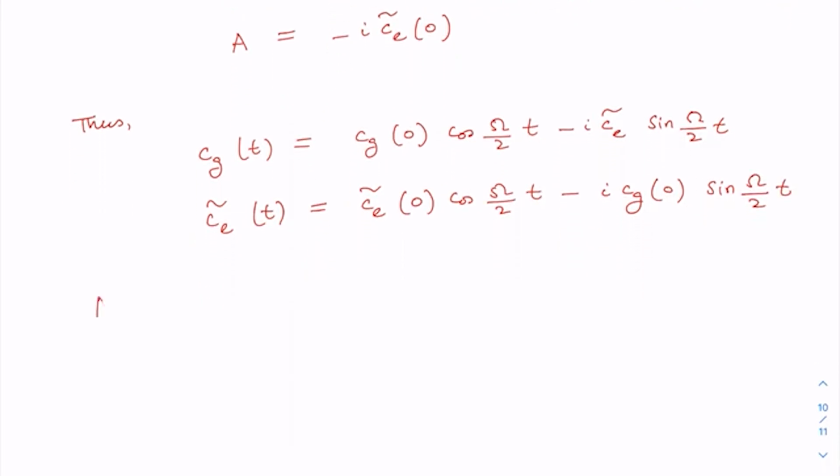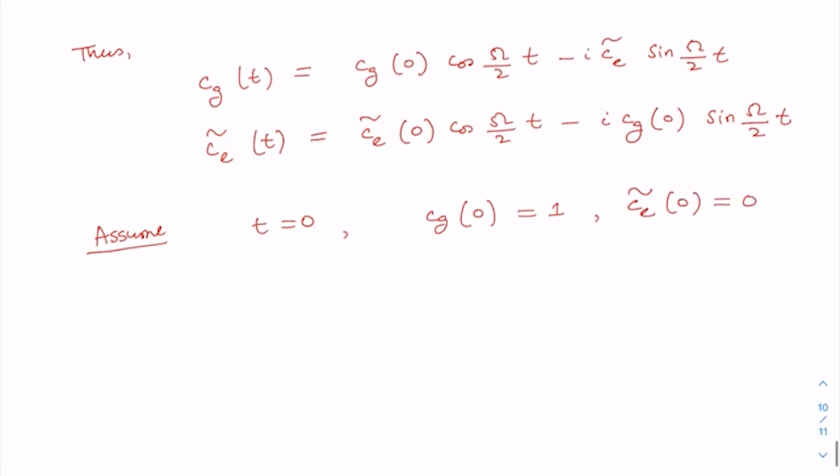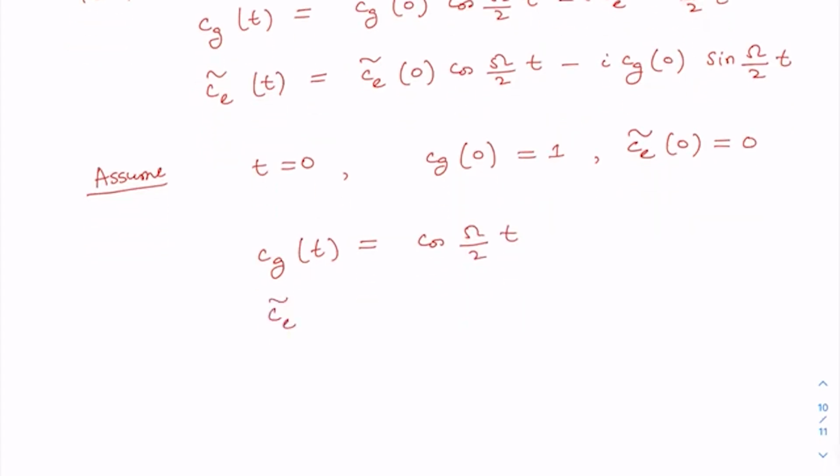Now assume that at time t is equal to 0, the atom is in the ground state. So this coefficient Cg is equal to 1 at time t is equal to 0, and C̃e at time t is equal to 0 is 0, and therefore the general solution will simply become Cg(t) is equal to cos(Ωt/2), and C̃e(t) would be equal to minus i sin(Ωt/2).